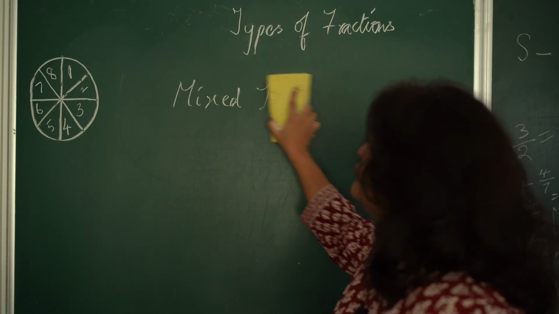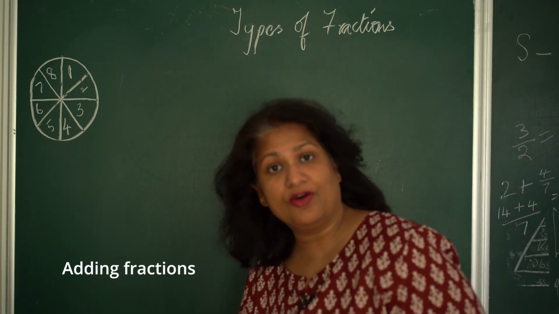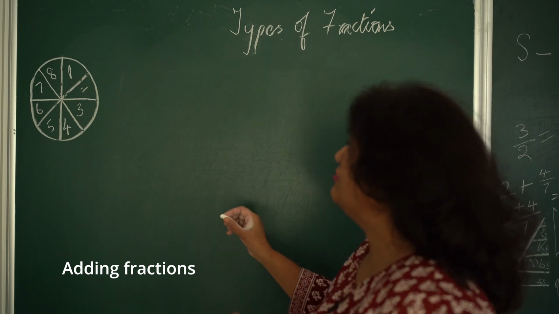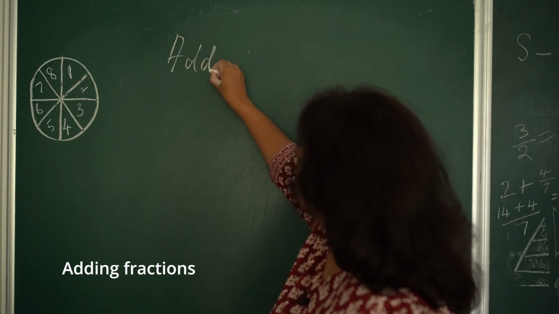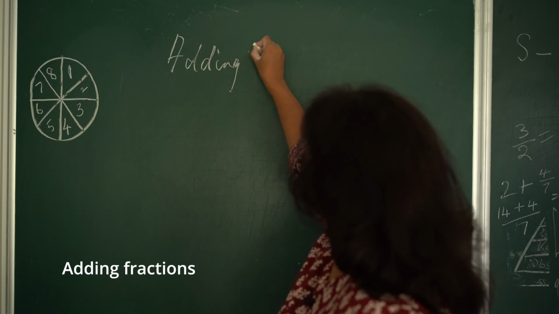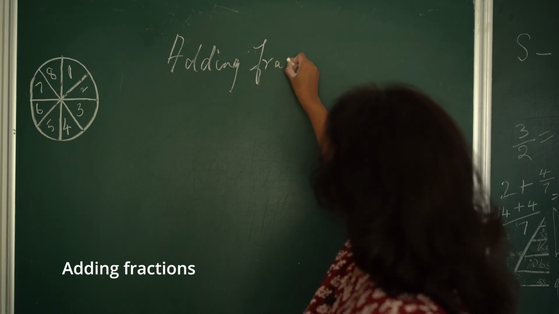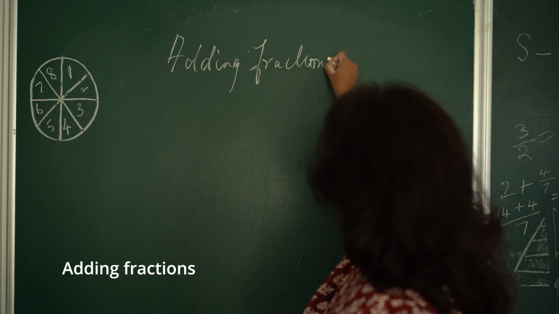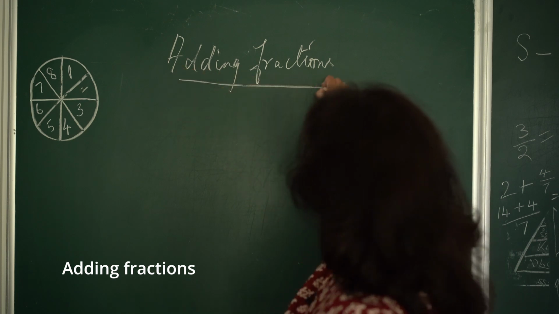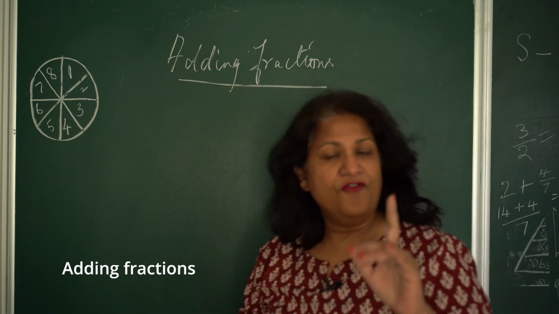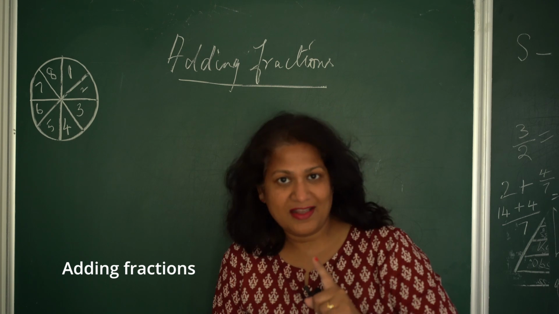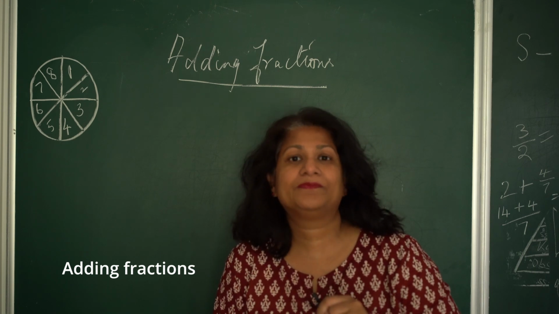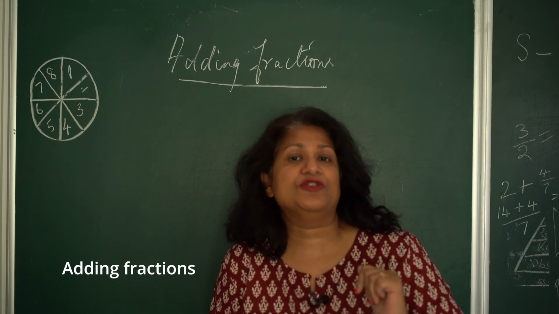Now let's go on to something called addition of fractions. The funda is very simple. How do you add fractions? First condition to adding fractions, as I said earlier, you can compare apples to apples.